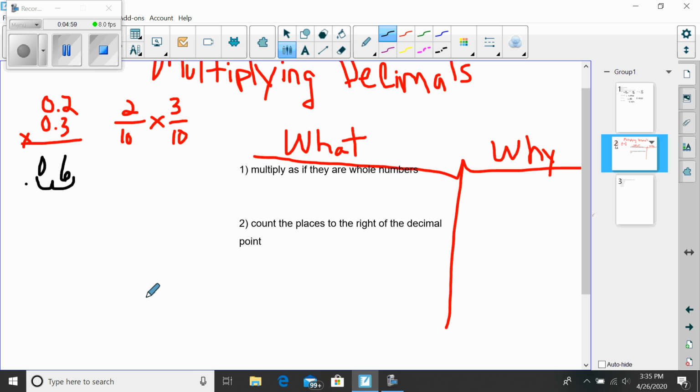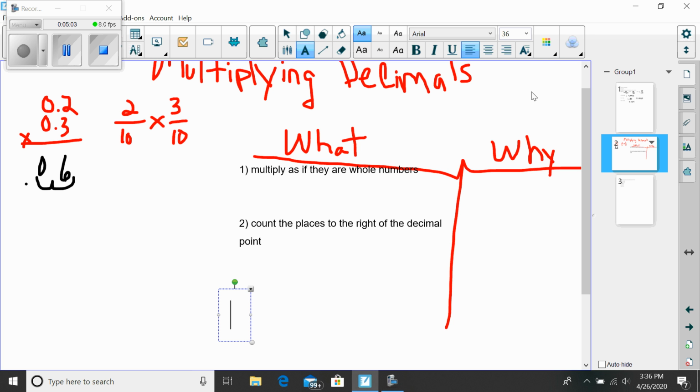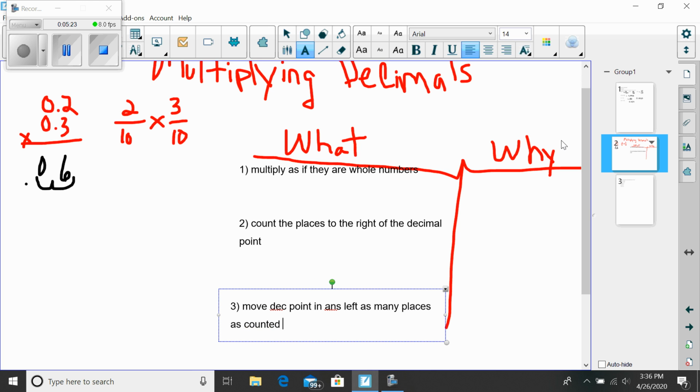All right, and so that's the procedure that we give kids. Okay, so step 3 here under the what: move decimal point in the answer left as many places as counted in step 2.